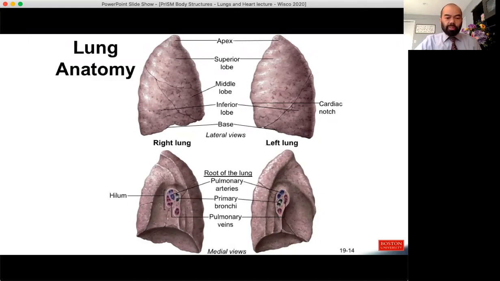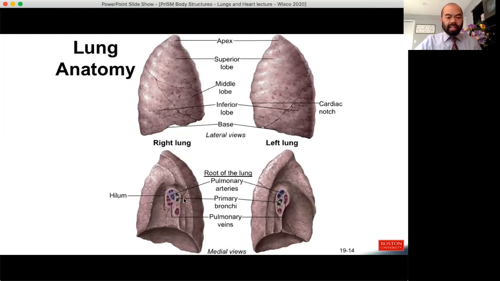That includes the pulmonary arteries, shown here in blue or purple, looks like blue, the bronchi, shown here in more of a white gray, and the veins, shown here in a red color. Remember that the pulmonary arteries are carrying deoxygenated blood and the pulmonary veins are carrying oxygenated blood. So something to note here on the right lung.